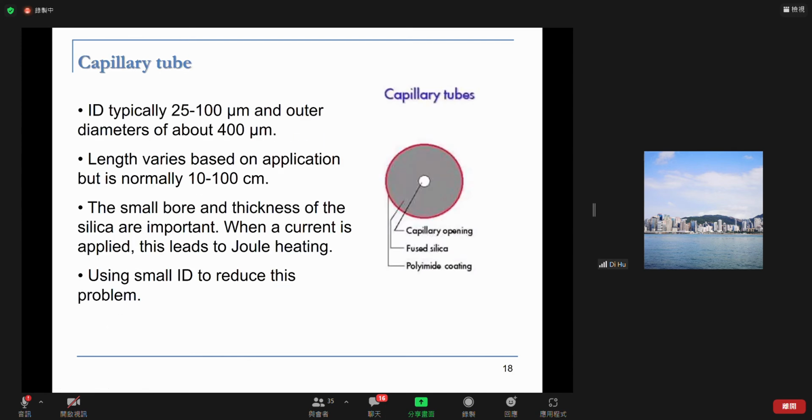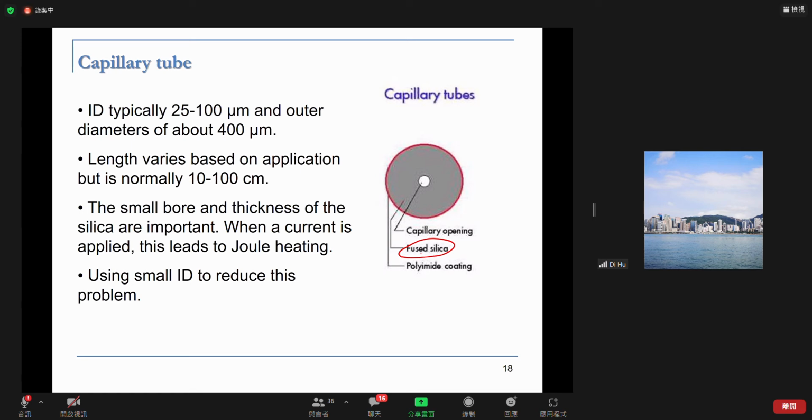And this is a typical view of the capillary tube. The ID is typically about 25 to 100 micrometers, and the outer diameter is about 400 micrometers. Fused silica is often used because it is transparent to UV and visible light, and part of the tube will be used in the detector.